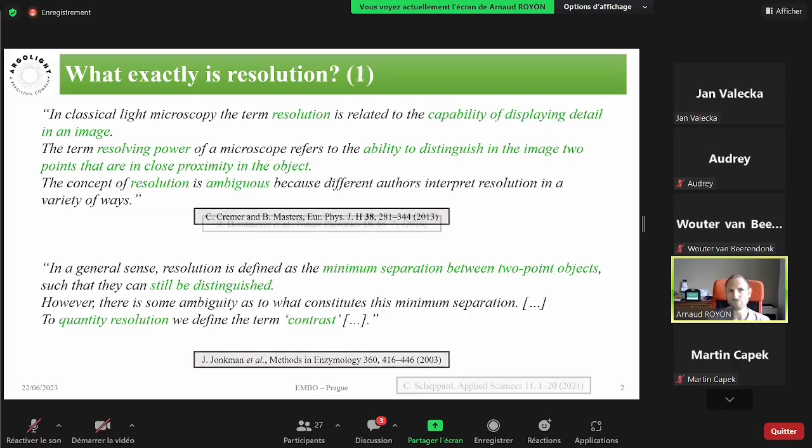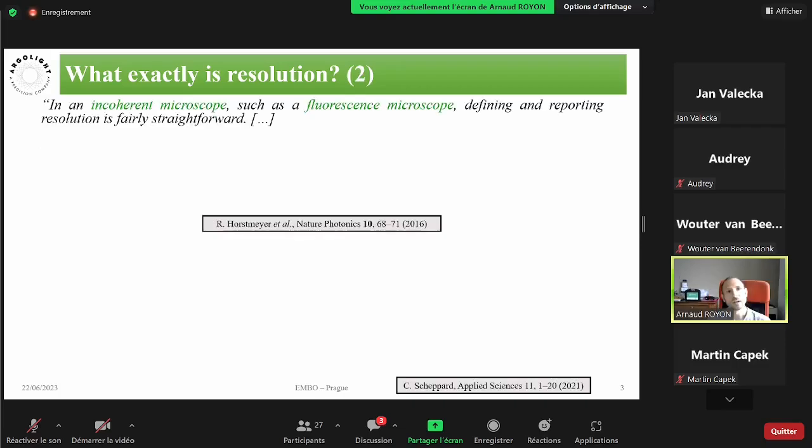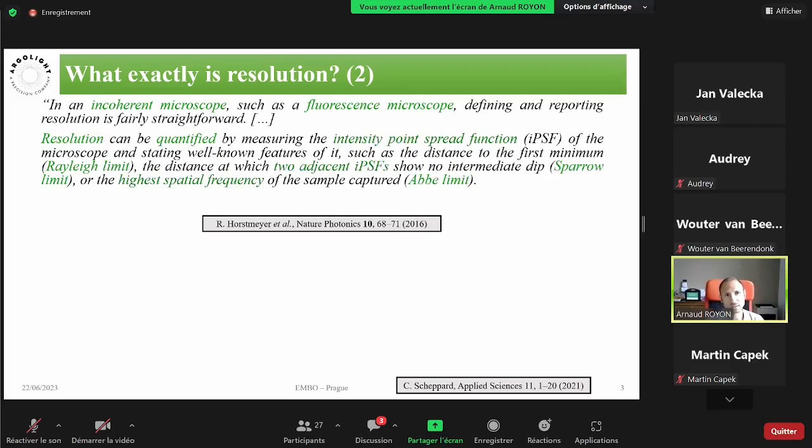In 2016, Ostermeyer and co-authors define resolution in many ways. First, it can be quantified by measuring the intensity point spread function, the IPSF, of the microscope and stating well-known features of it, such as the distance to the first minimum, called the Rayleigh limit, or the distance at which two adjacent PSFs show no intermediate dip, called the Sparrow limit, or the highest spatial frequency.